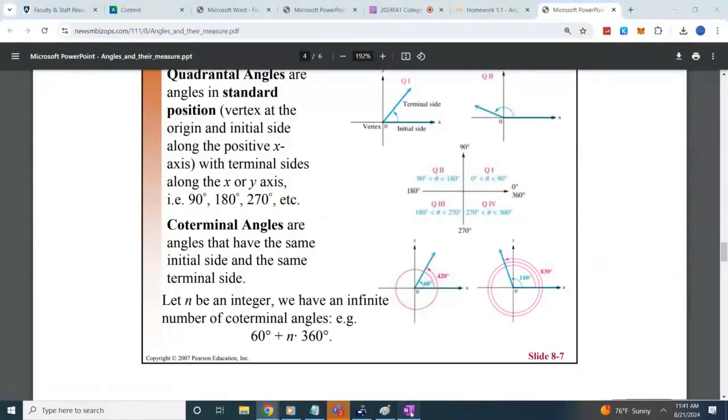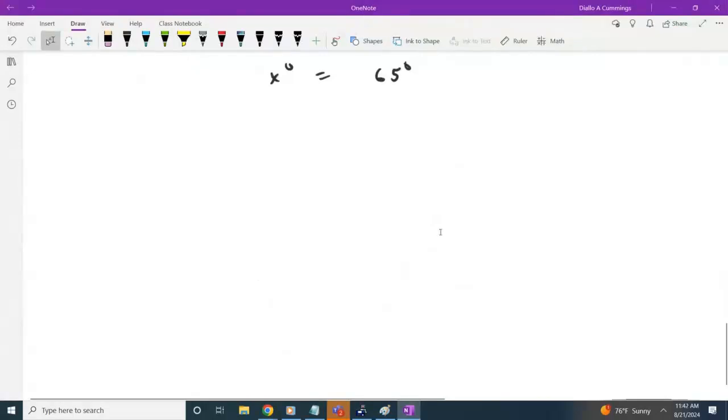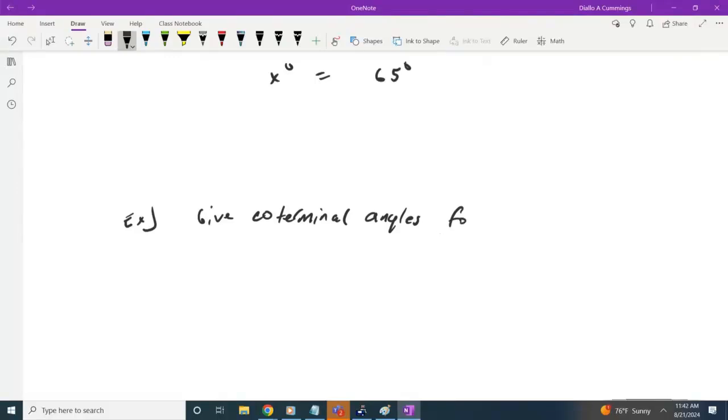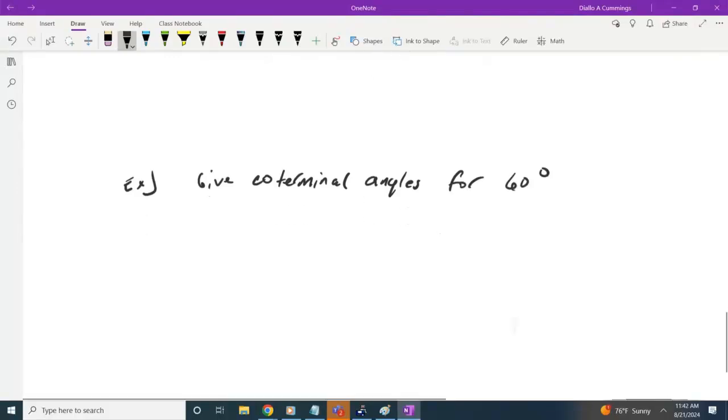All right. So in this example, we're going to give coterminal angles for 60 degrees.